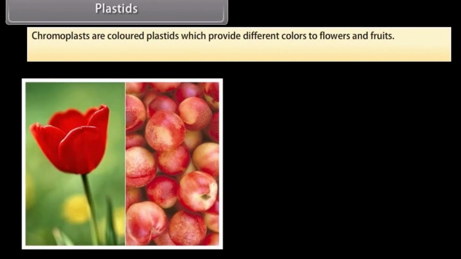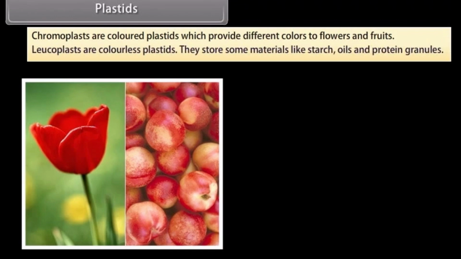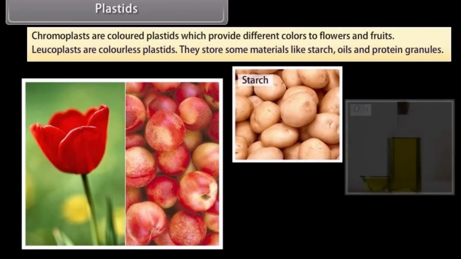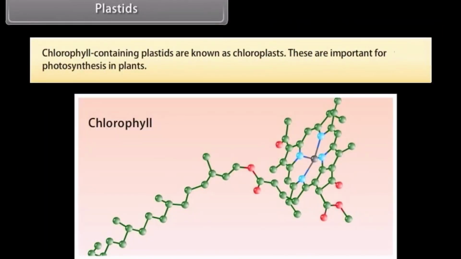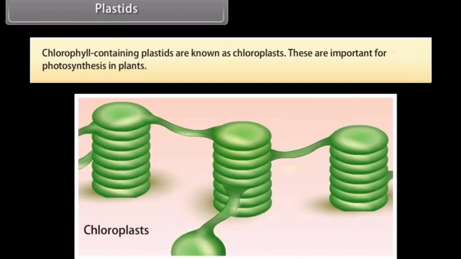Chromoplasts provide different colors to flowers and fruits. Leucoplasts are colorless plastids. They store some materials like starch, oils, and protein granules. Chlorophyll-containing plastids are known as chloroplasts. These are important for photosynthesis in plants.